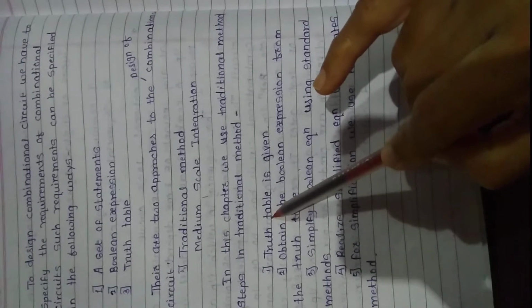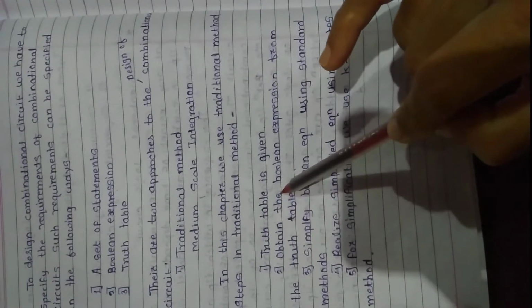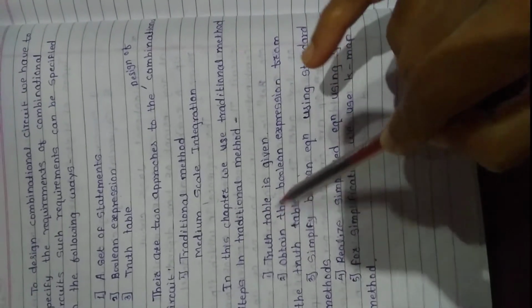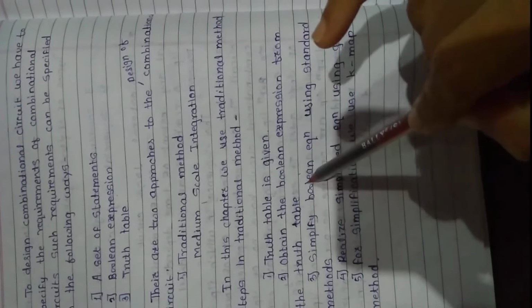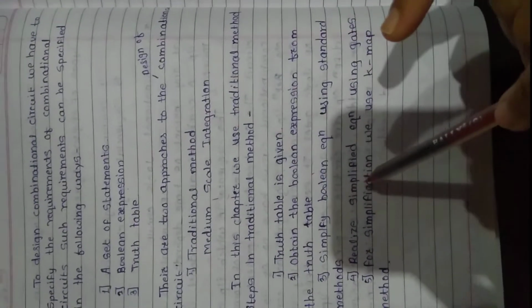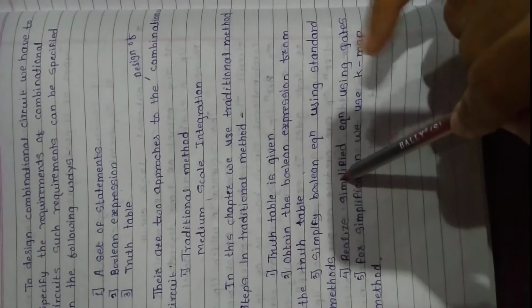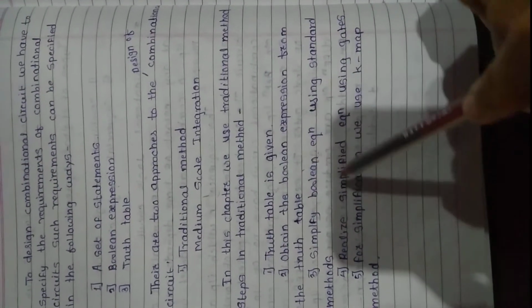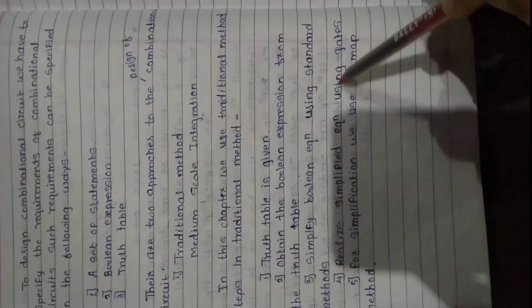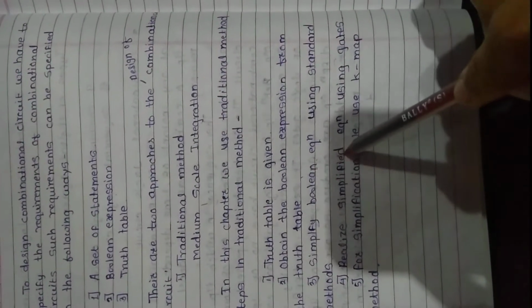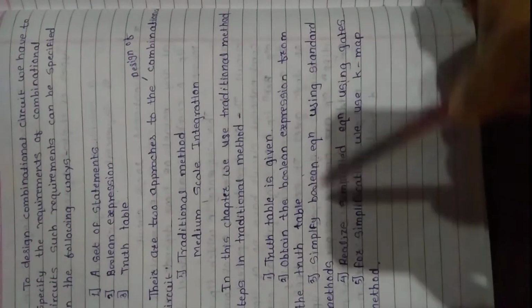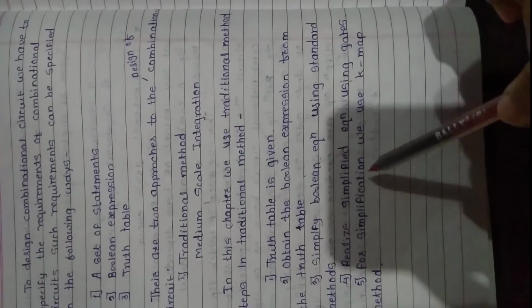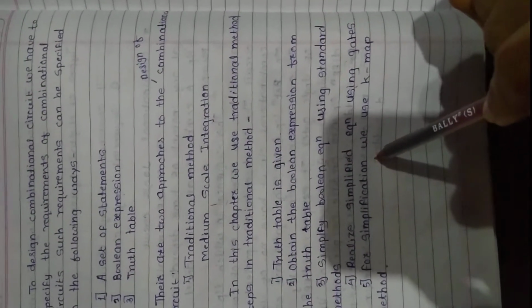In the traditional method, the steps are: a truth table is given, obtain the boolean expression from the truth table, and simplify the boolean expression using a standard method. After simplification we get the boolean expression, and that expression is realized using gates. For simplifying the boolean expression we use the K-map method.